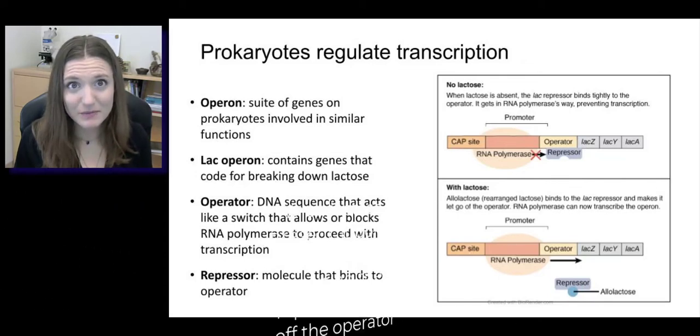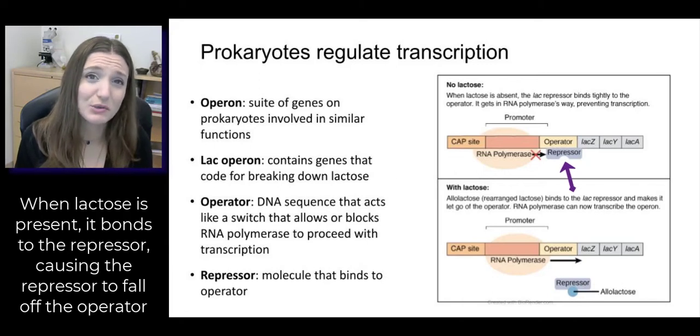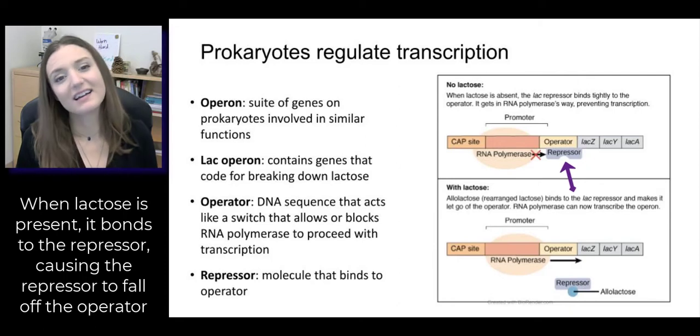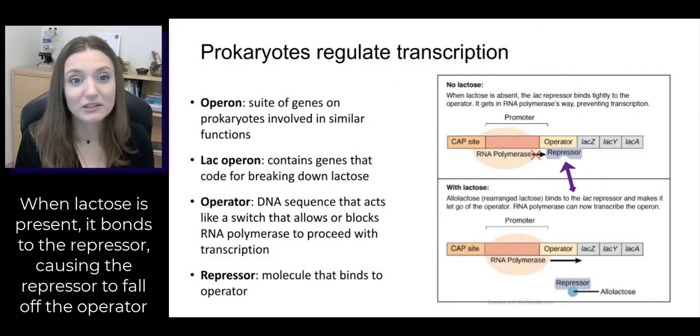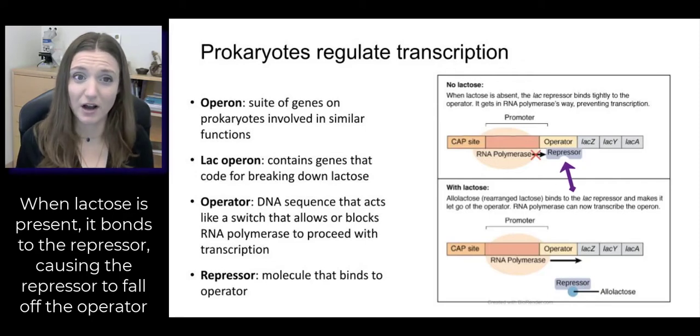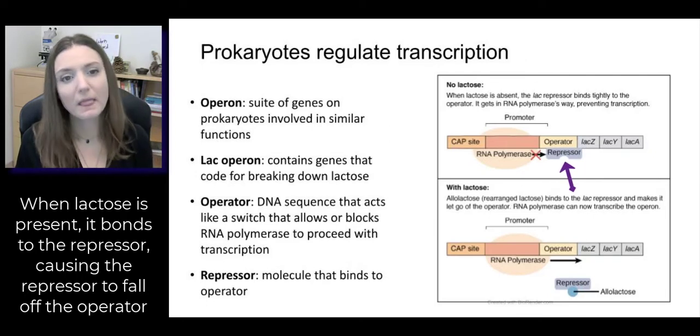This is super cool. What happens is that when there is no lactose available to this prokaryote, this molecule right here called a repressor will be bound to the region of DNA that we call the operator. Remember, the operator just acts like a switch, turning on or off this gene.